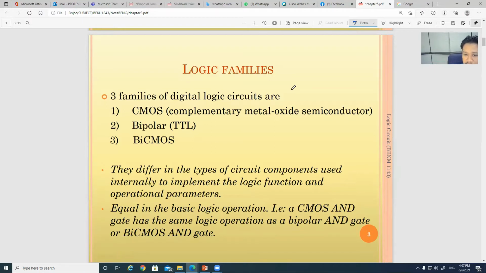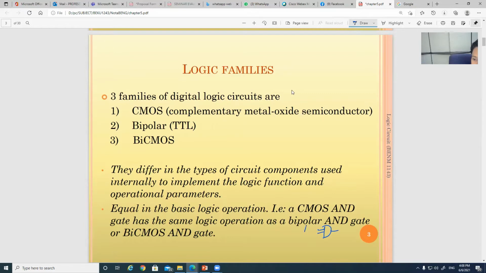They differ in the type of circuit component used internally to implement the logic function and in operational parameters, but are equal in the basic logic operation. For example, a CMOS AND gate has the same logic operation as a bipolar AND gate or a BiCMOS AND gate. If we use bipolar, that means transistors for the AND gate, it is the same operation.